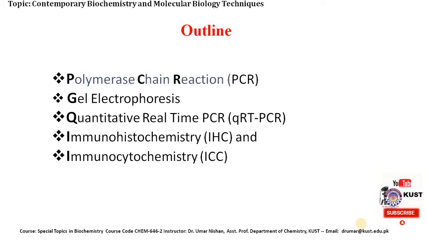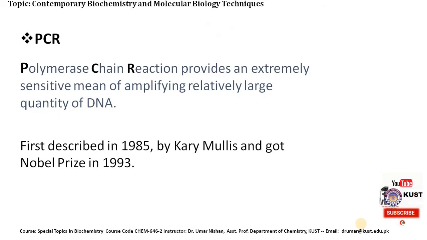So today we begin with the first part of this series of lectures, and that is polymerase chain reaction or PCR. Polymerase chain reaction provides an extremely sensitive means of amplifying relatively large quantities of DNA. This technique was first described in 1985 by Kary Mullis. He got the Nobel Prize in 1993 for this very important invention.